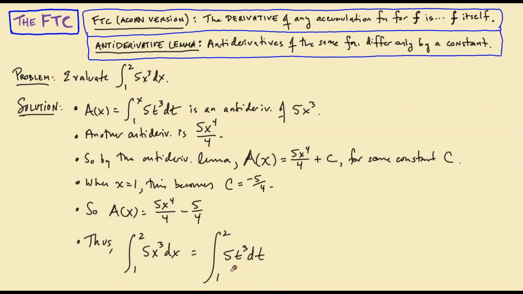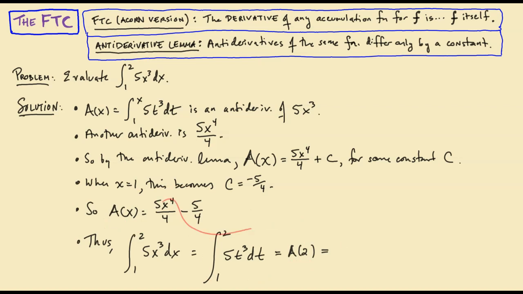In both cases, we're just integrating the function that cubes the input and multiplies by 5 from 1 to 2. Doesn't matter whether we call it t or x or red box or q or smiley face or whatever. But when we integrate that function from 1 to 2, well, that's like putting a 2 here in the accumulation function. So we could say that this is equal to capital A of 2, which in turn we can evaluate using the formula we just found.